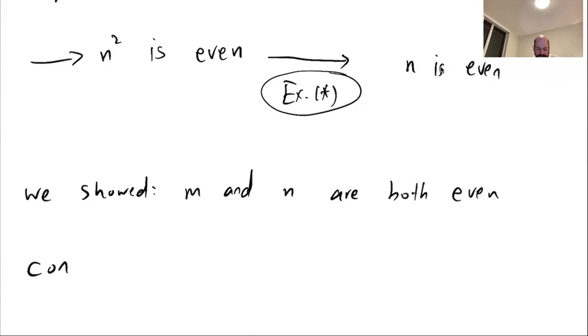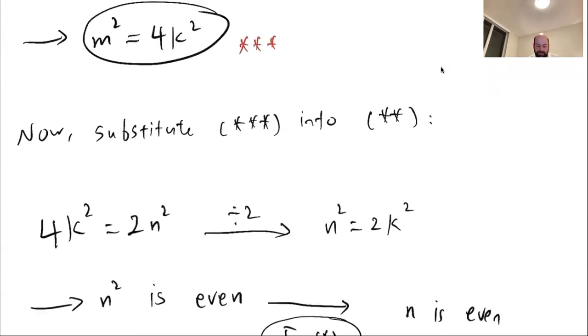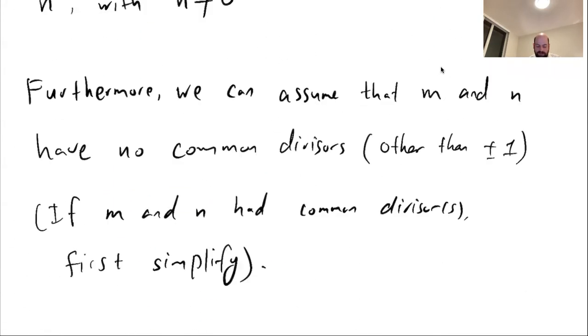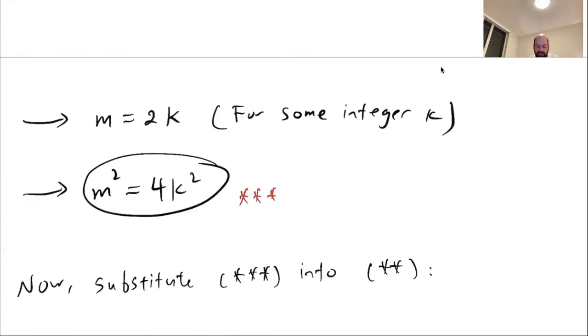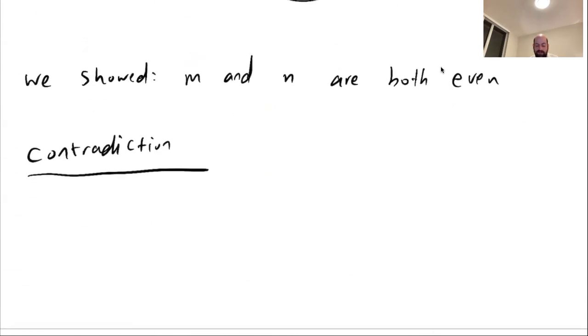And this is a contradiction. Why is it a contradiction? Contradiction with what? With my assumption that m and n have no common divisors. We established that we're allowed to assume that m and n have no common divisors. But right now I showed that m and n are both even. If m and n are both even, it means 2 is a common divisor, right?